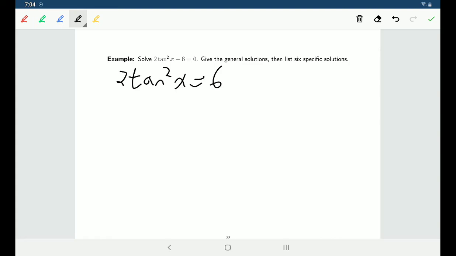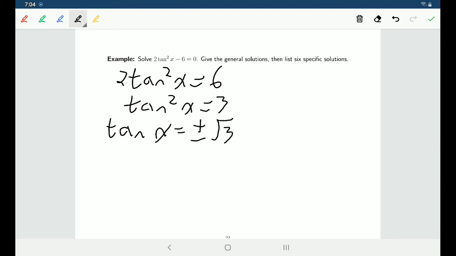Divide everybody by 2. So tangent squared x equals 3. And then square root, and that's going to give me 2 equations. I'm going to have tangent of x being plus or minus the square root of 3. So either tangent of x is positive root of 3, or tangent of x is negative root of 3.